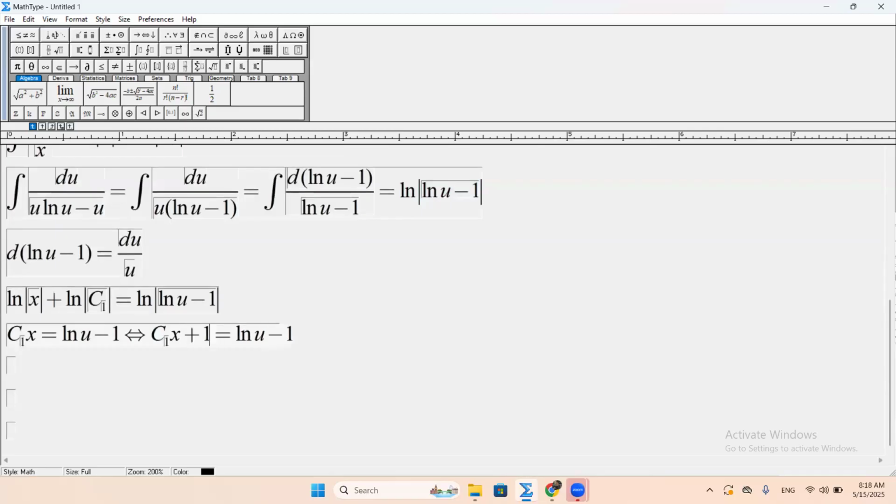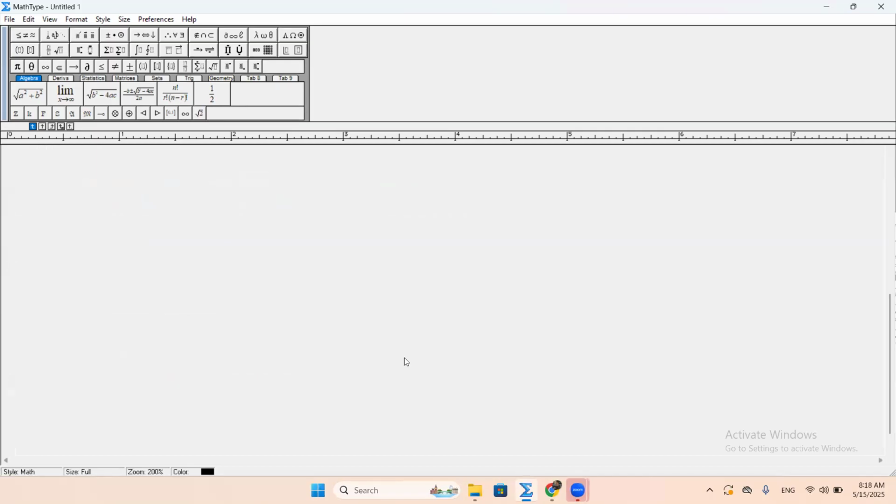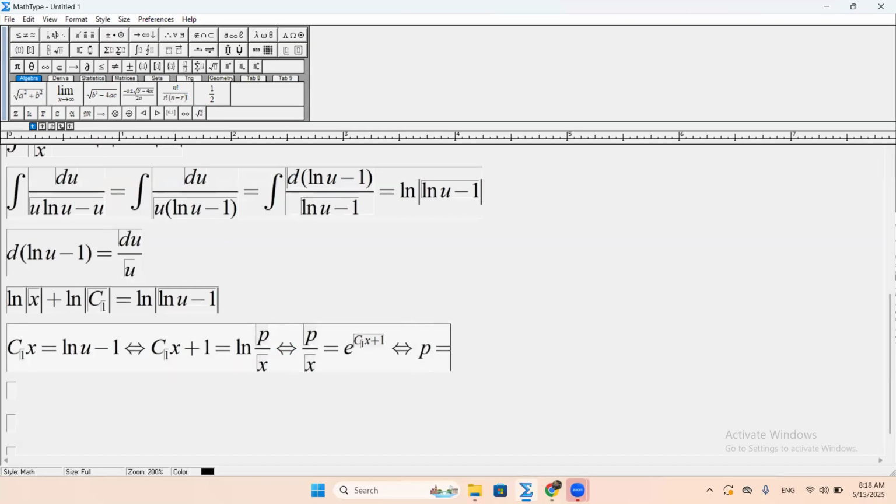So c1 x plus 1 equals the logarithm of p over x. So p over x equals e to the power of c1 x plus 1. And then p equals x times this exponent.